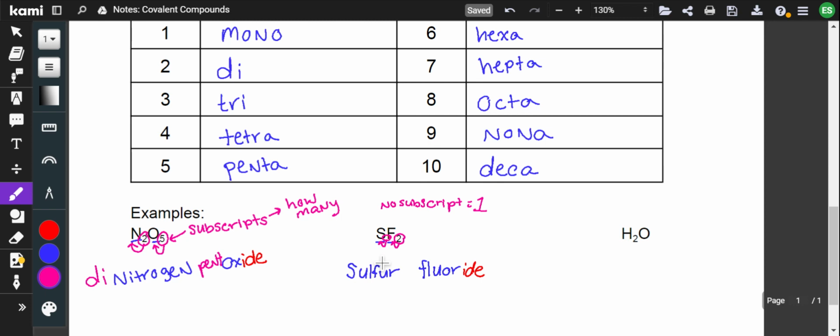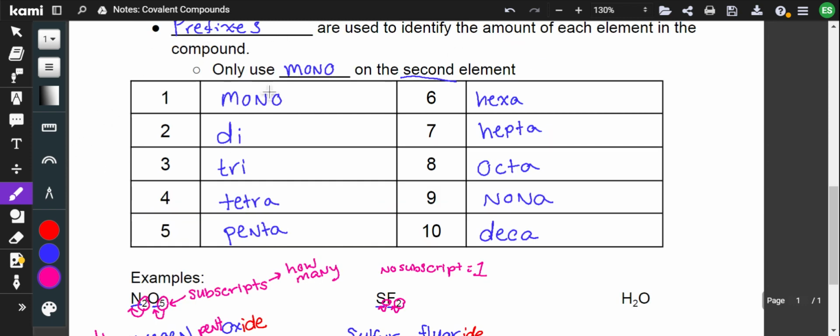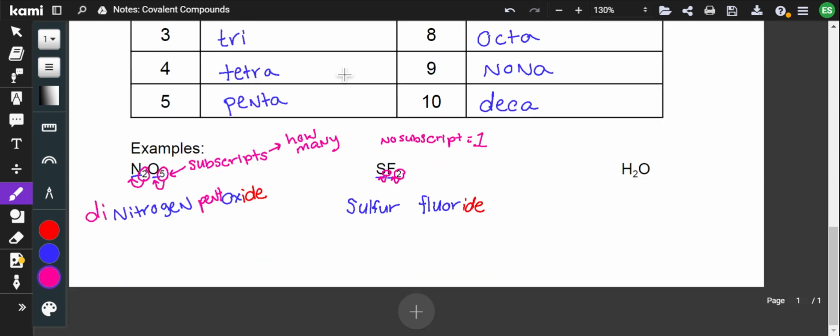Kind of like how in math you wouldn't write a coefficient of 1. You wouldn't say 1x, you would just say x. When we write our subscripts for our elements, we don't put a subscript of 1. Again, it becomes redundant, becomes confusing. We don't want to do that. So this tells us here that we have one S. There's only one of them. This is that example of mono being our prefix, but we only use mono on the second element.